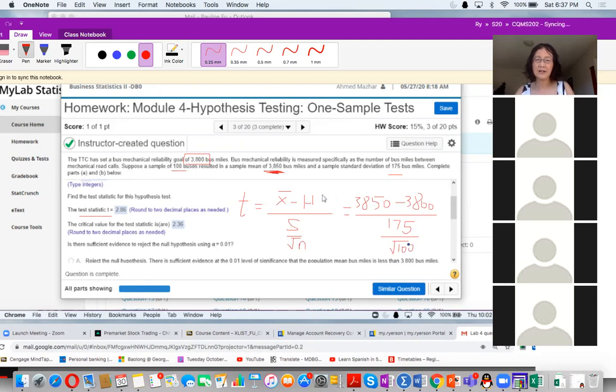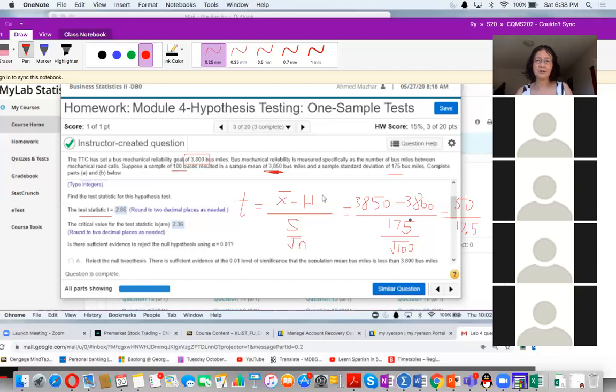Okay. And you can quickly do this calculation, and this is 50 divided by 17.5, because square root of 100 is 10.